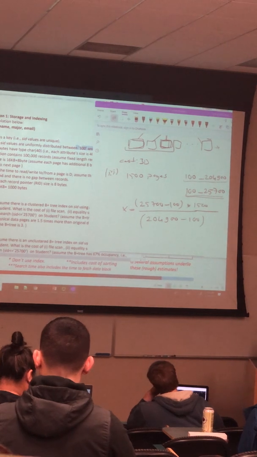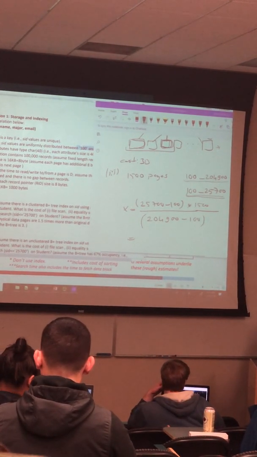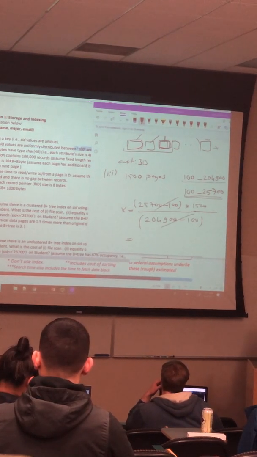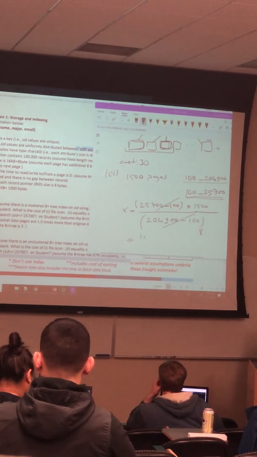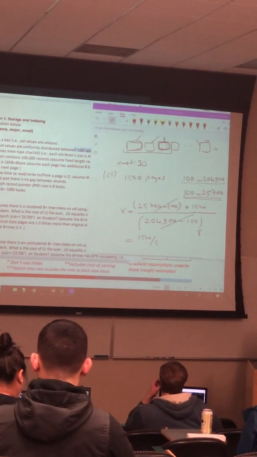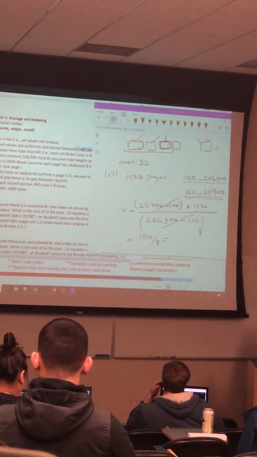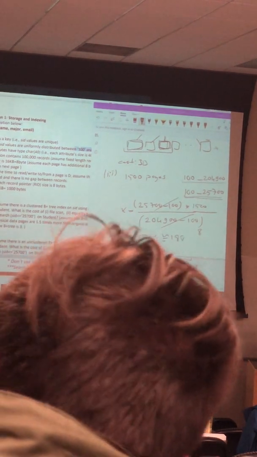Okay? If you do the math, you will see that this number is 8 times the top number, so this will cancel and this will be 8, which means we will have 1,500 divided by 8, which is roughly 187 something. I will round it up, 188.